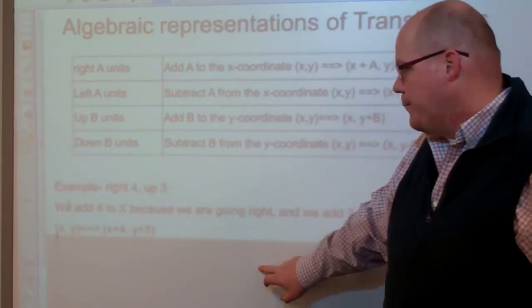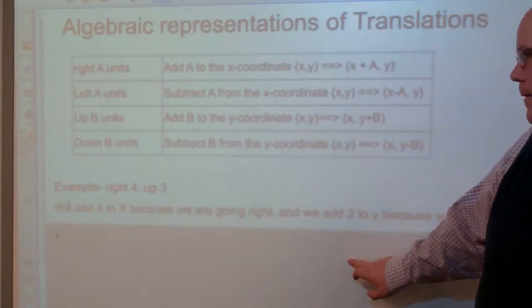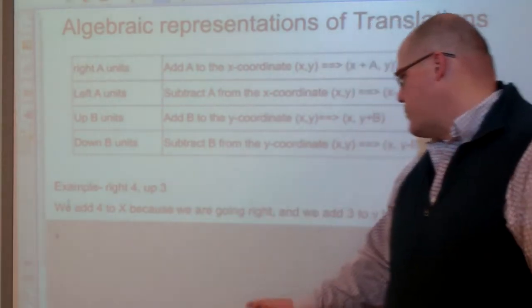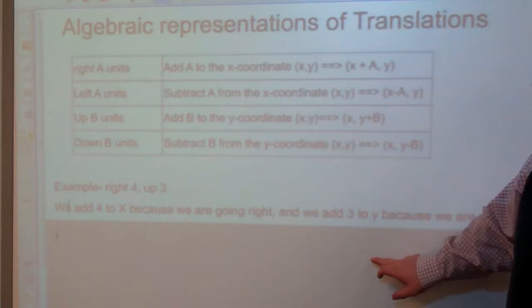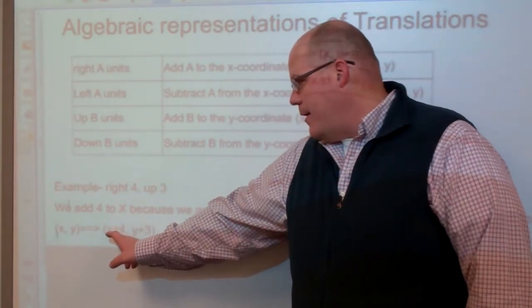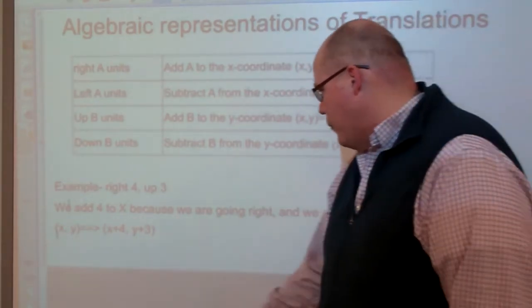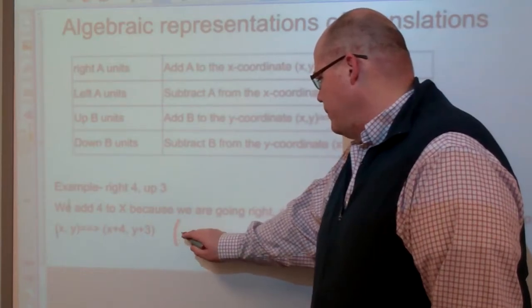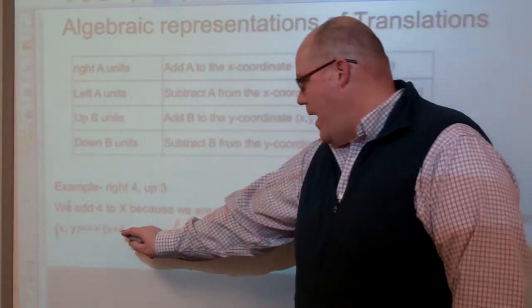So a quick example here. If we're going right 4, up 3, we add 4 to x because we're going to go right, and we add 3 to y because we're going up. So algebraically, it would look like this. The x and y coordinate would become x plus 4, comma, y plus 3. So if we had 3, -4, we're adding 4 to 3.